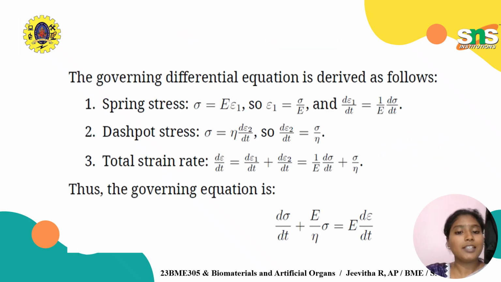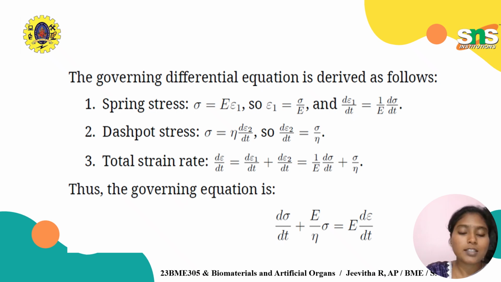And then the governing equation. First one is the spring stress. Here stress is elastic modulus times strain. We need only the strain rate, so we differentiate with respect to t and the final equation comes like that.